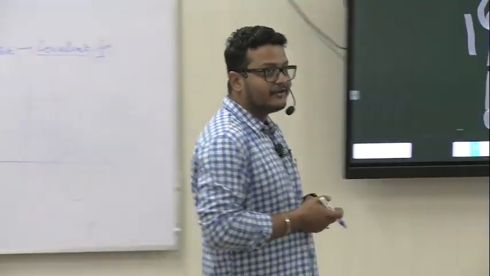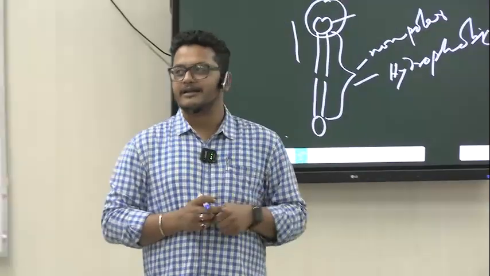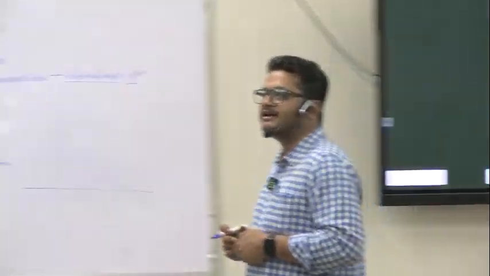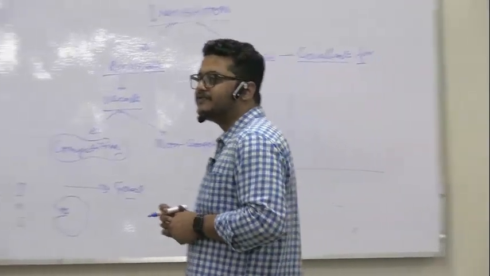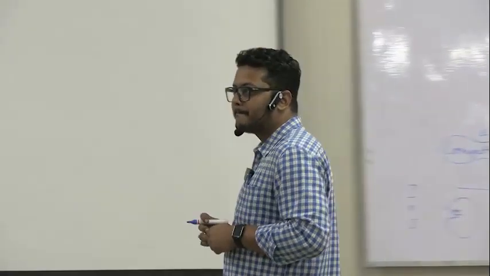You have to justify if you are saying decrease. Justify it, why? There is competition between the substrate and the inhibitor for the same active site. So why will Km decrease? Increase. Yeah. Anything else?